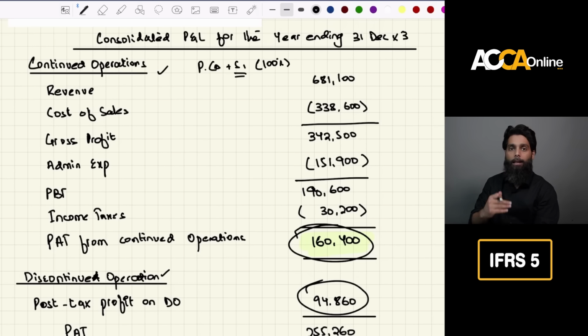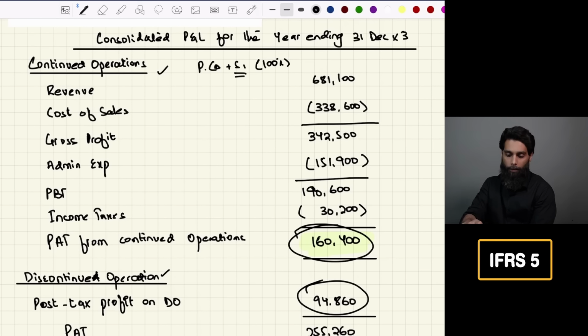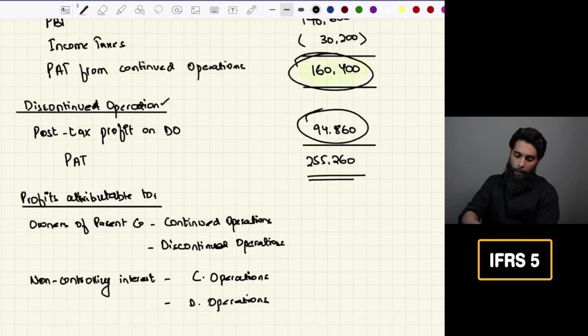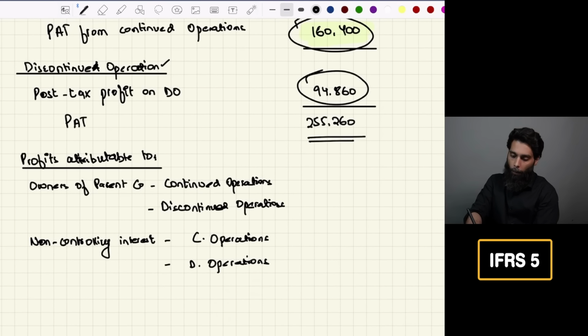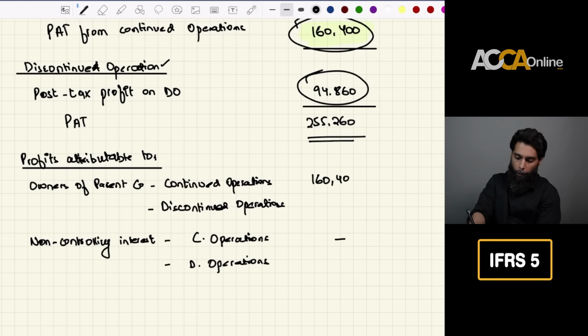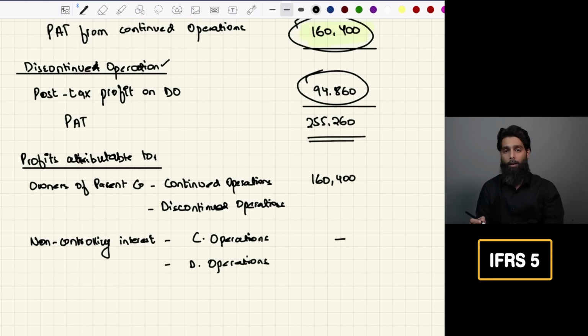So technically speaking, continuing operations does not have any non-controlling parties. So anything that you have earned from continuing operations, nothing belongs to NCI, and everything that you have earned belongs to the owners of parent company. So 160,400 is completely written for owners of parent company.